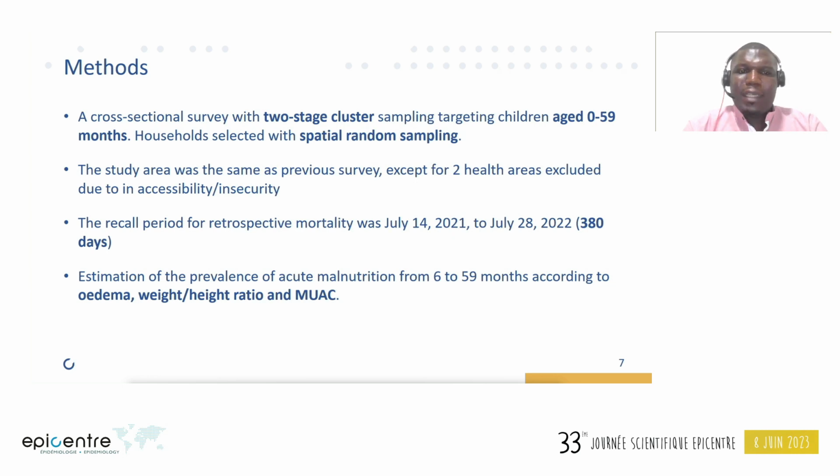The mortality component of this survey covered a period of 380 days from July 14, 2021 to July 28, 2022. Prevalence of acute malnutrition was estimated in children 6 to 59 months according to oedema, weight-to-height ratio, and MUAC.